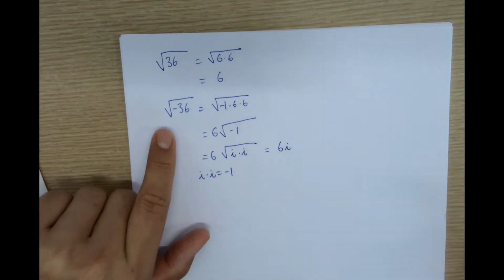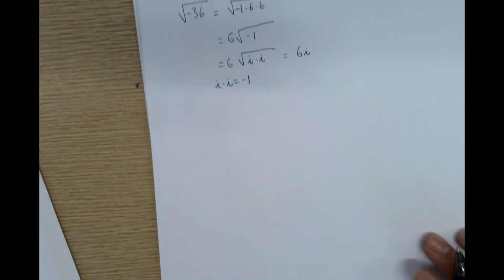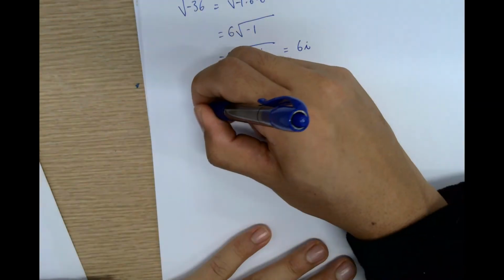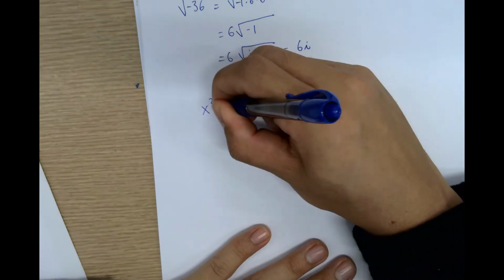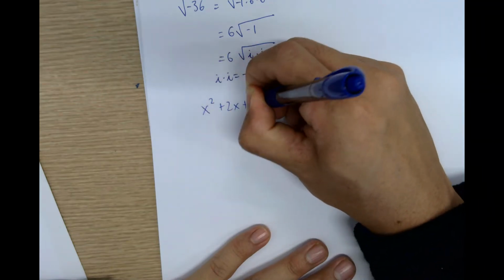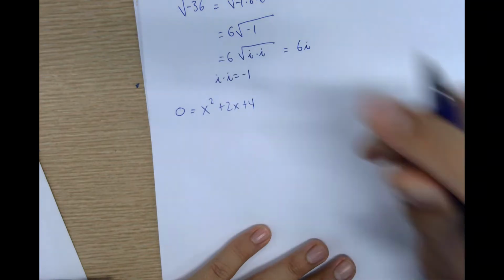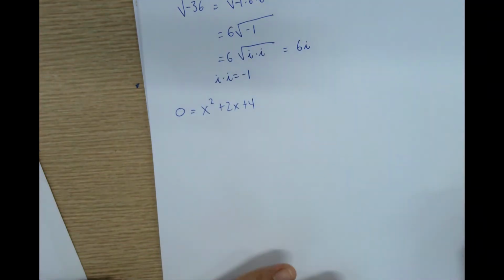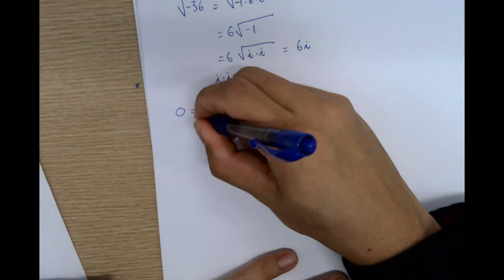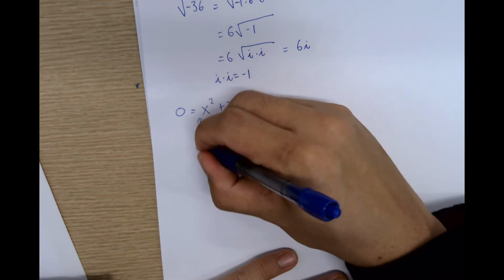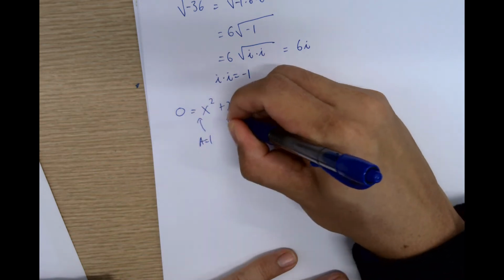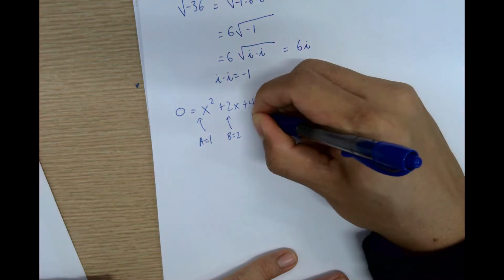Okay, so let's go ahead and do a problem together. Let's say we have x squared plus 2x plus 4 is equal to 0. Here we can say a is equal to 1, b is equal to 2, c is equal to 4.